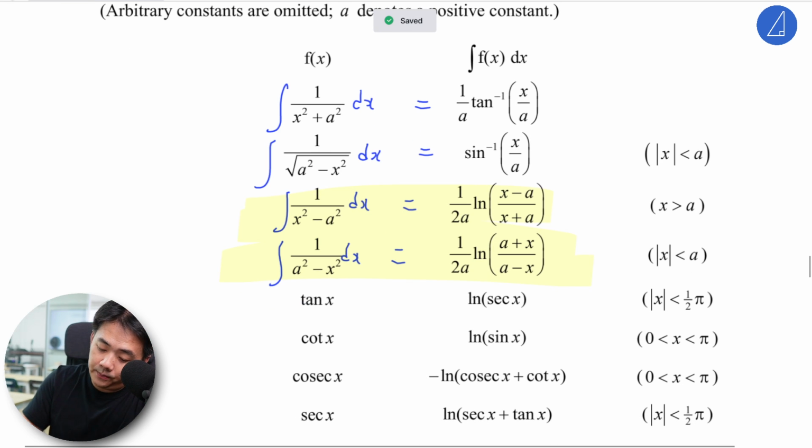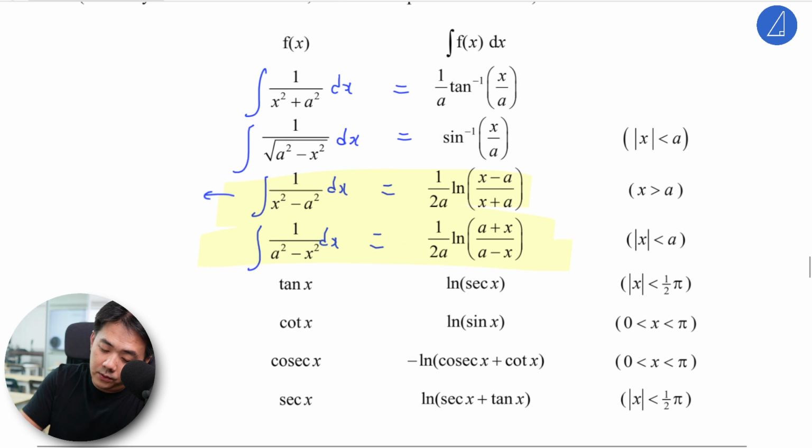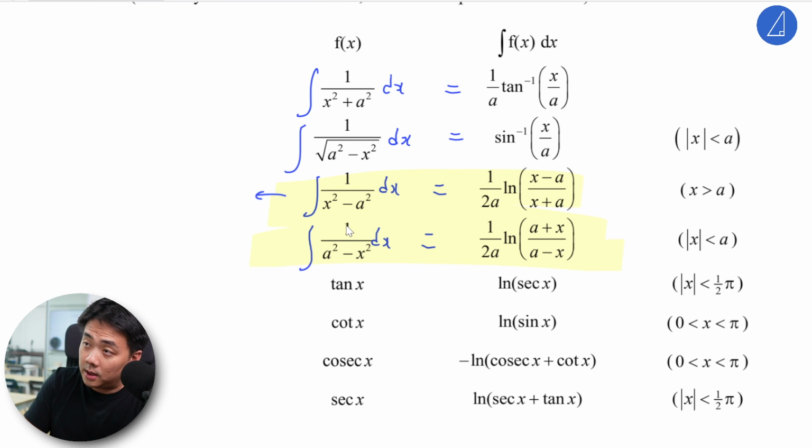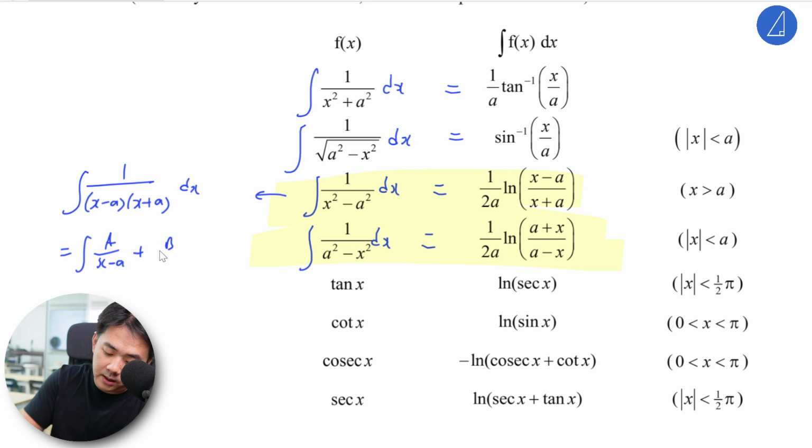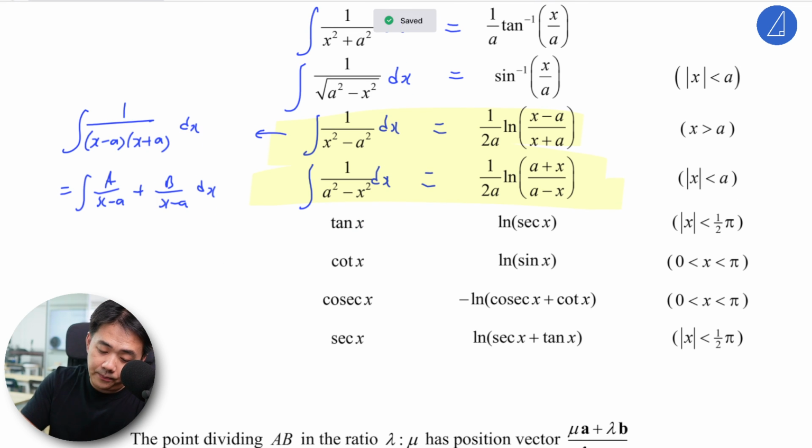To show this, you can use partial fraction. So this is 1 over (x minus a)(x plus a) dx. Then you just need to write A over (x minus a) plus B over (x plus a) like that, dx. You solve for A and B, right? Partial fraction.